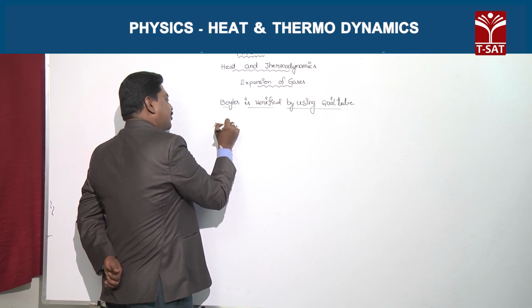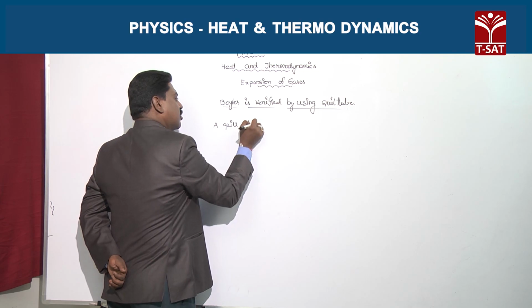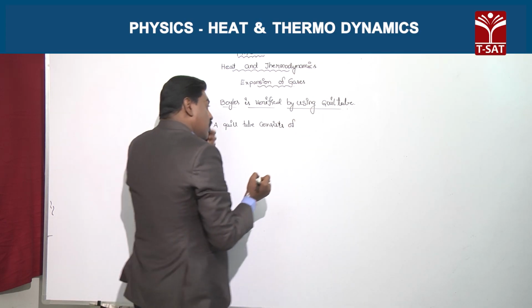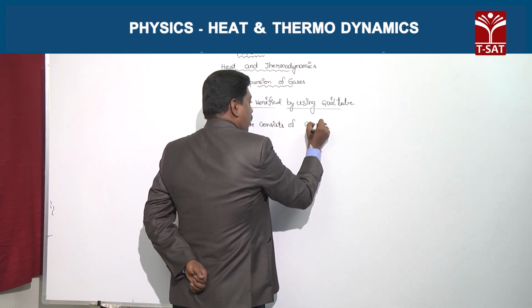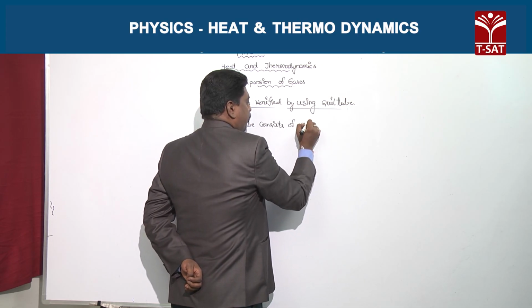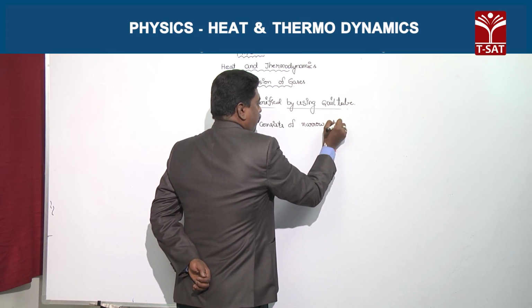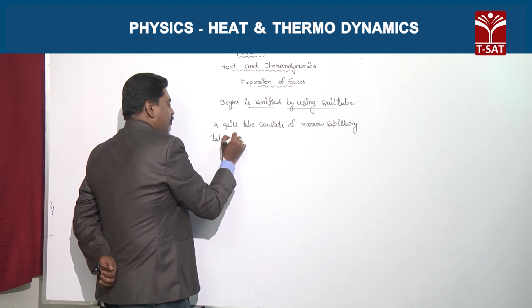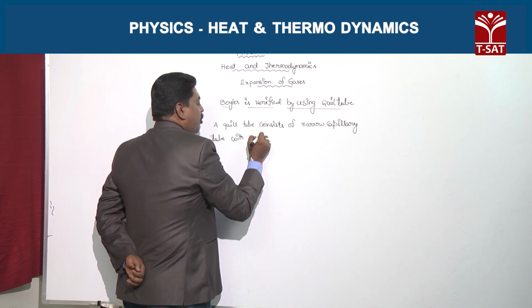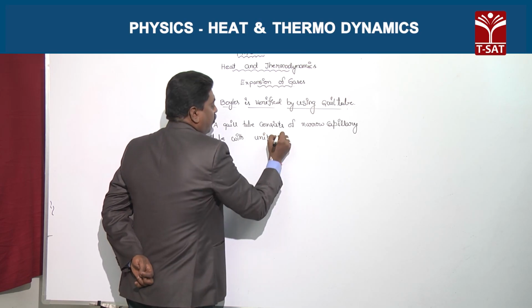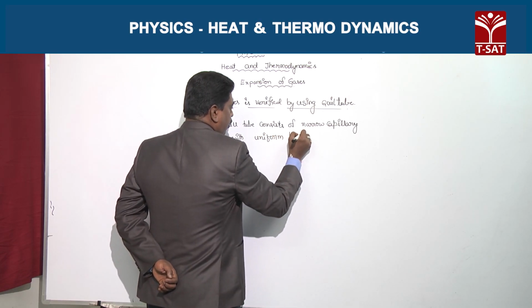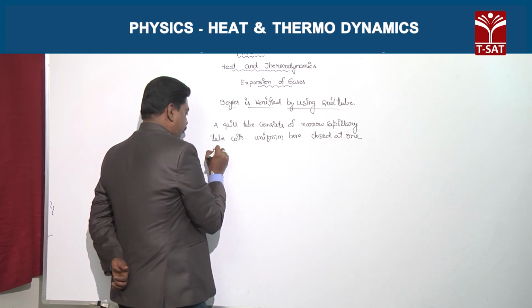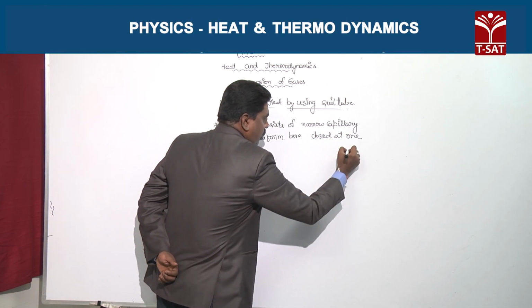A quill tube consists of a narrow capillary tube with uniform bore closed at one end, as shown in the figure.